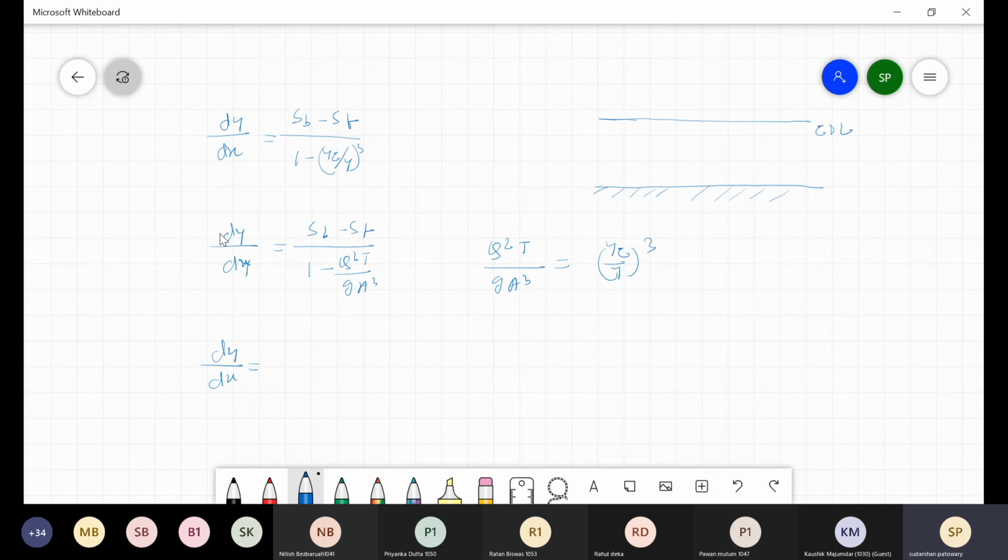I will not derive again how Q squared T by g A cubed becomes yc by y. Q squared by gA squared, this A I have written as B into y, B squared into B y cubed, like that I wrote in the last class. So in that way we derived yc by y. So dy/dx = (Sb - Sf) / (1 - (yc/y) whole cube).